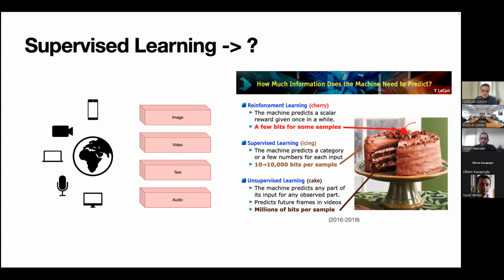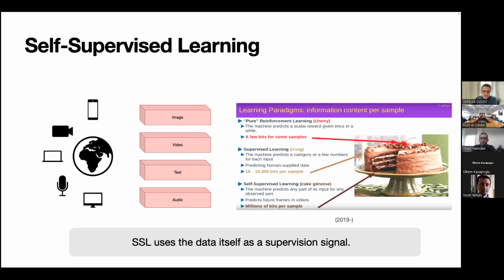And starting from 2016, one of the pioneers of deep learning, Yann LeCun, introduced a cake analogy, which provocatively emphasized unsupervised learning. And this famous analogy was updated during the years, and the unsupervised learning part was changed to self-supervised learning in order to be more specific.